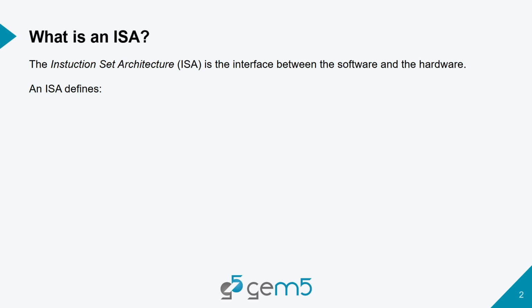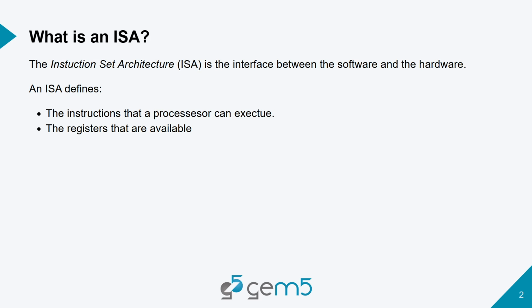So let's go over what an ISA is, the instruction set architecture. It defines the instructions a processor can execute, the registers that are available, the memory model, and the exception and interrupt handling. That's basically what we're going to focus on implementing inside gem5.